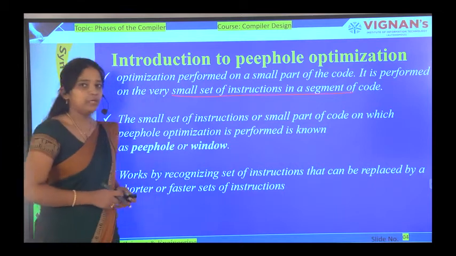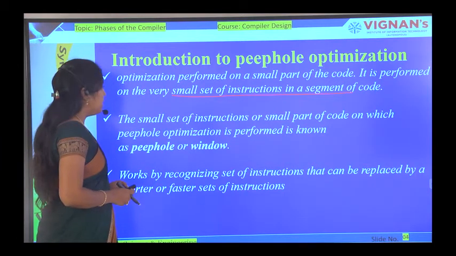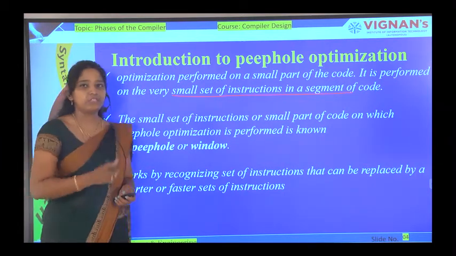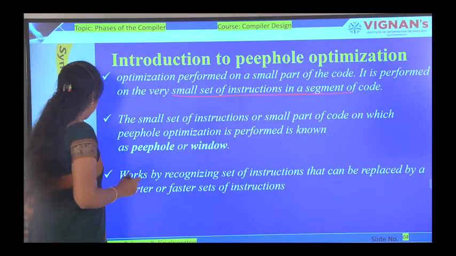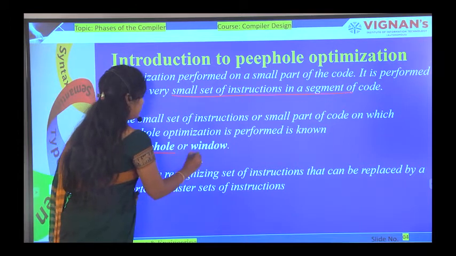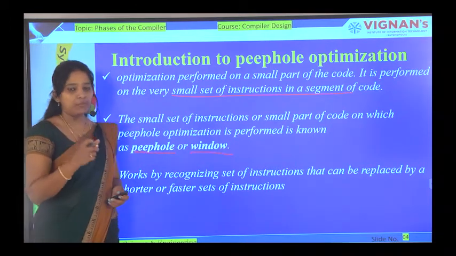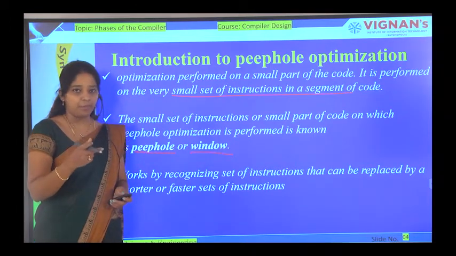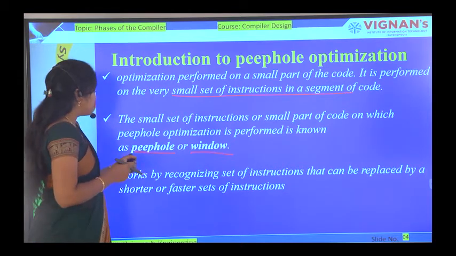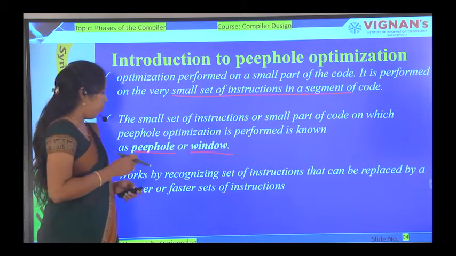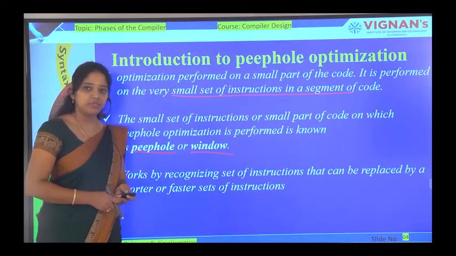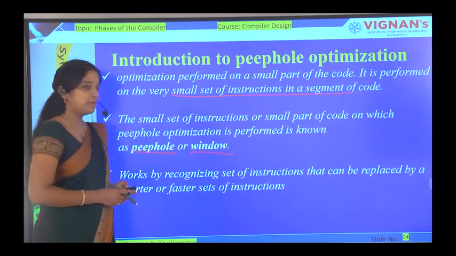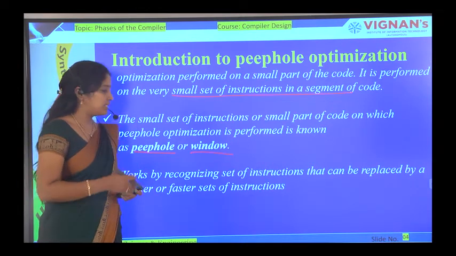This small set of instructions, we can call a peephole or window. So the small part of code we are trying to optimize, we call it a peephole or window.